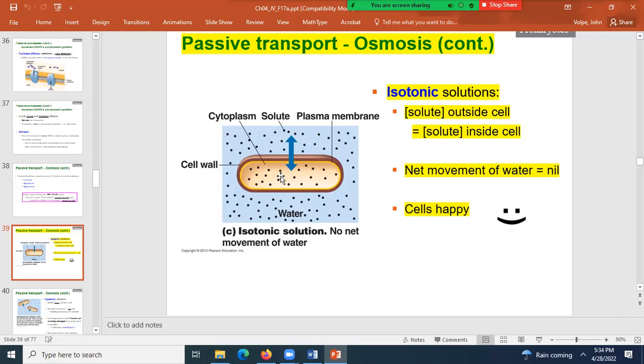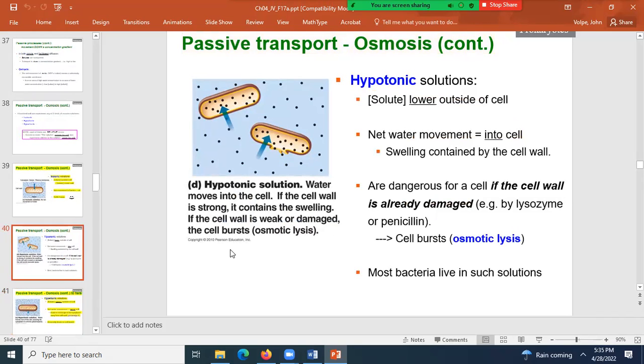The cell is happy in an isotonic solution. And if you were to put your red blood cells in an isotonic solution, the cell would continue to exist, okay? I used a red blood cell because it doesn't have a cell wall.